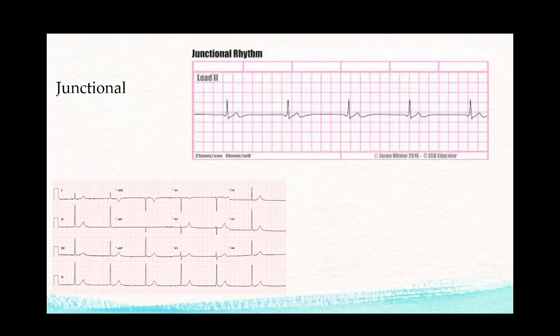No P wave, short PR interval less than 0.12, or inverted P wave. And so in both of these strips, we see no P wave before the complexes. And remember, we always want to look at interpreting in lead 2 before we really get good at interpreting. Once you get good at interpreting, you know what you're looking at in all the leads.